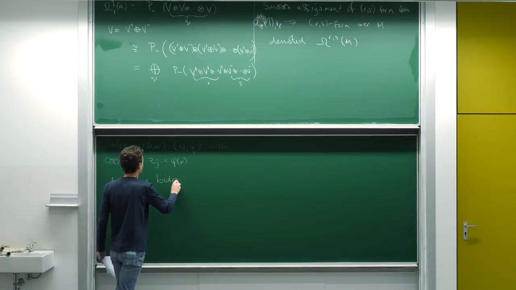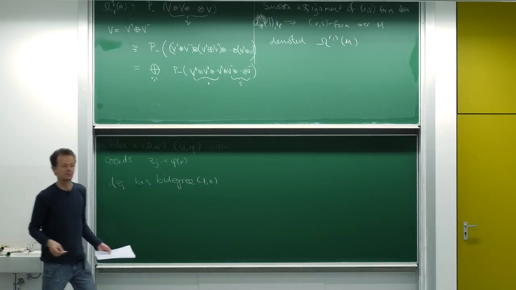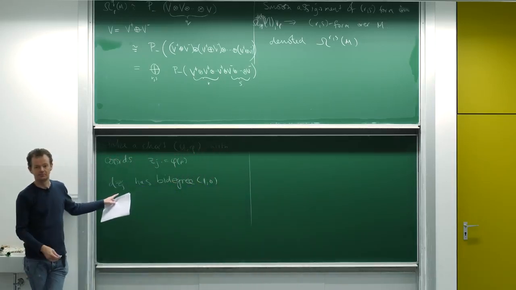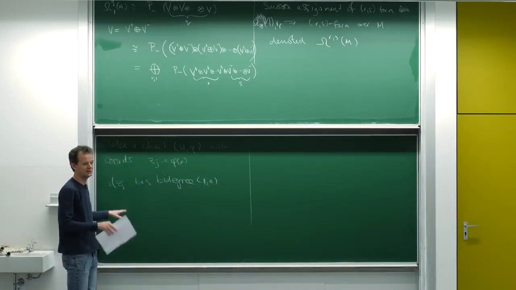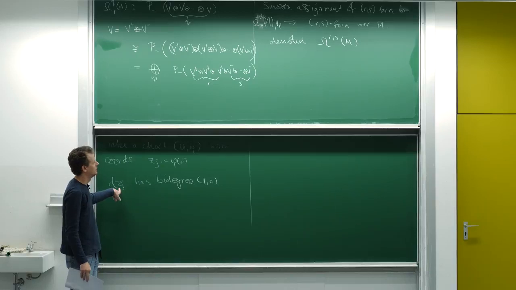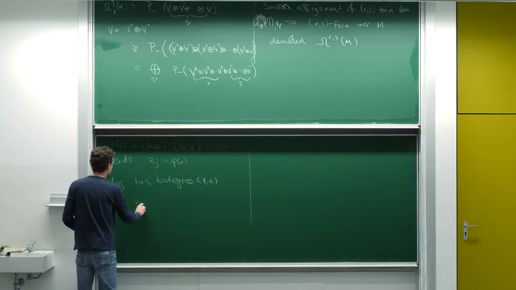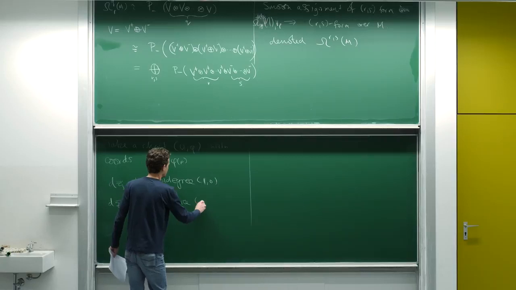And then we can classify the bidegrees of these forms. So dzj has bidegree 1, 0 because it lives in the dual of the holomorphic vectors. Similarly, dz bar j has bidegree 0, 1.